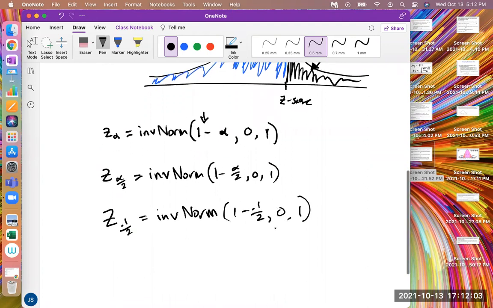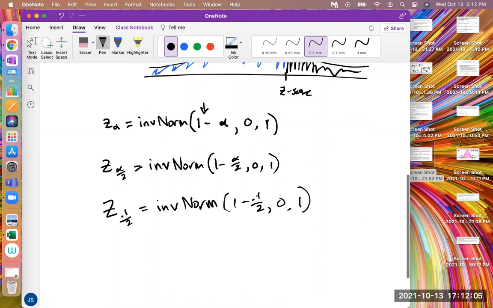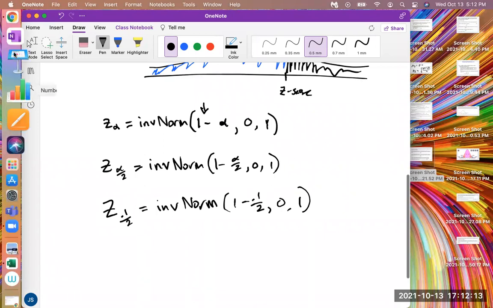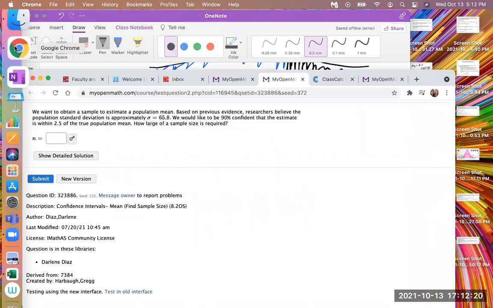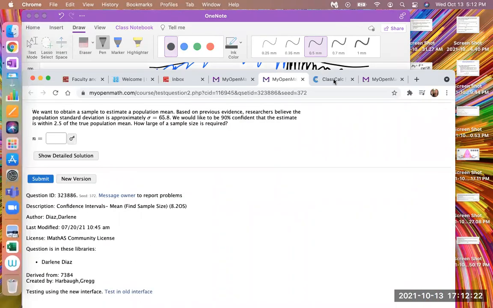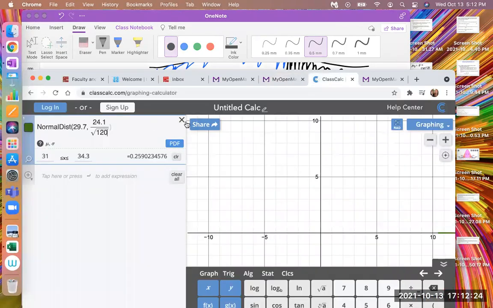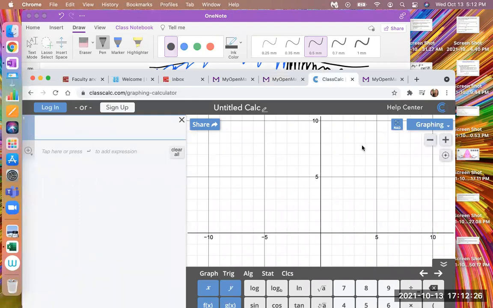It literally is 0.1 divided by 2, which would be 0.05. Let's just see, maybe I can get away with it. I don't have to actually do that. Let's see, here's my class calc. I'm going to do inverse norm.